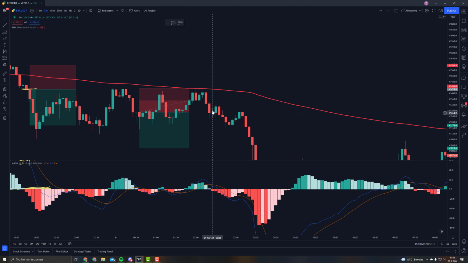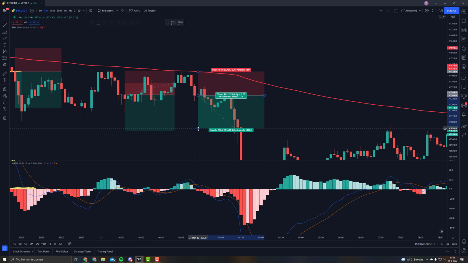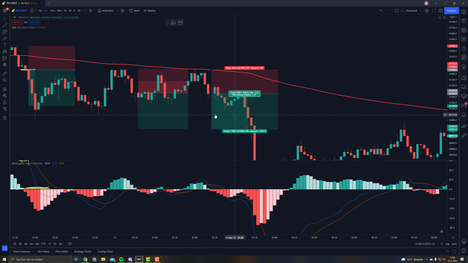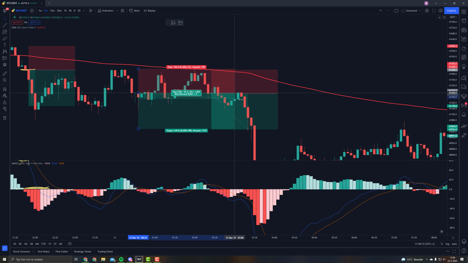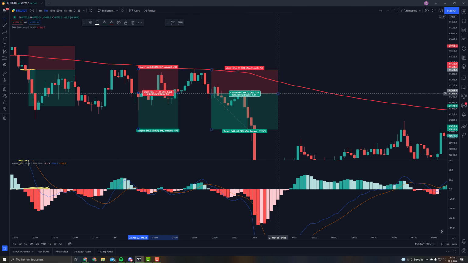Then we would enter here, short position right there, stop loss 0.4 again, 0.6 right there. These would hit on the same position. If I'm in a trade, I'm not going to start another trade, but I just want to show you where we could have taken an entry.